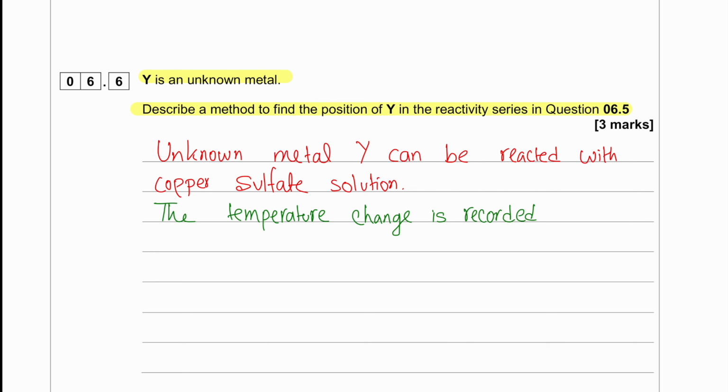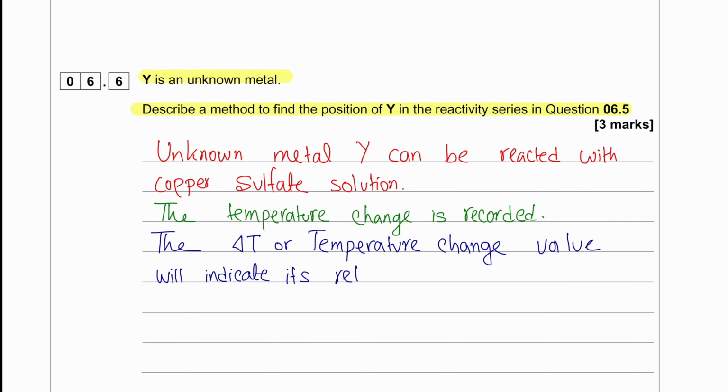Once the temperature change is recorded, the delta T, or temperature change, the magnitude of the temperature change value will indicate its relative position in the reactivity series.